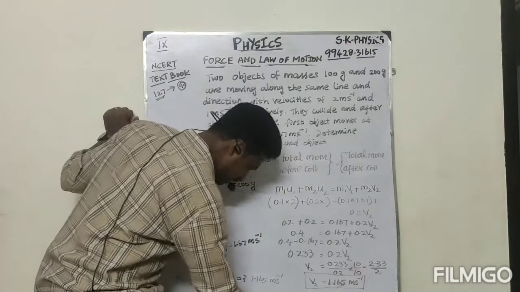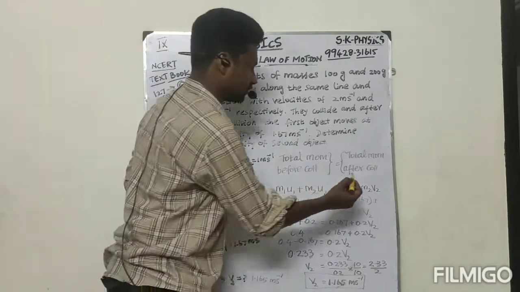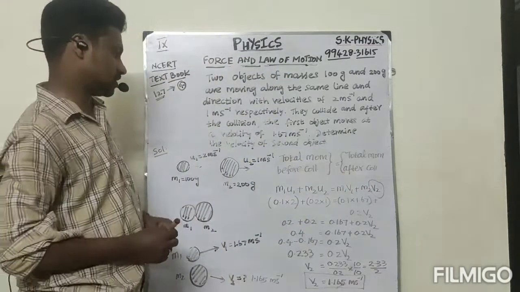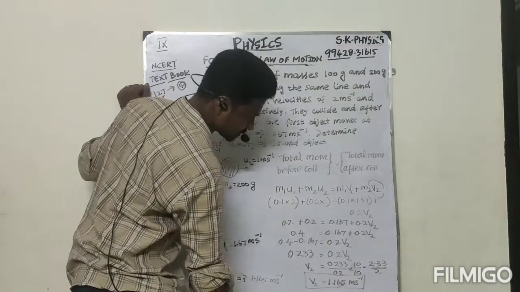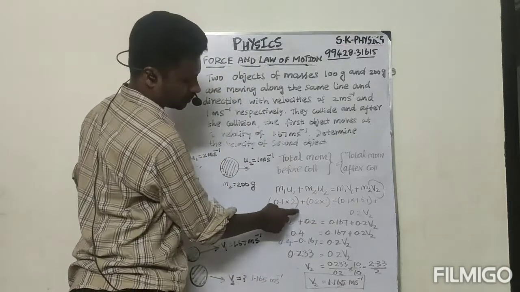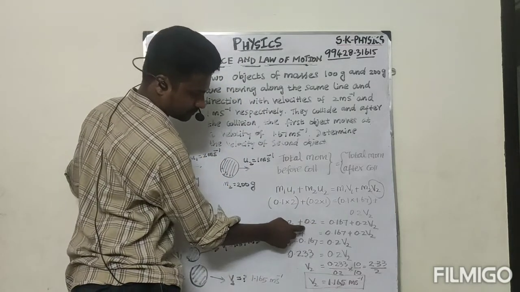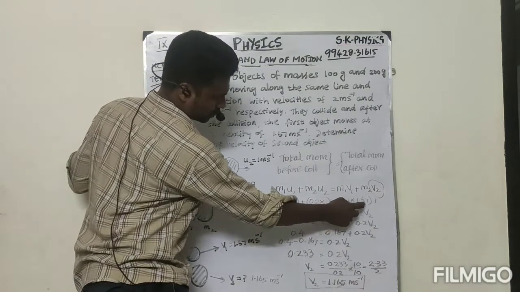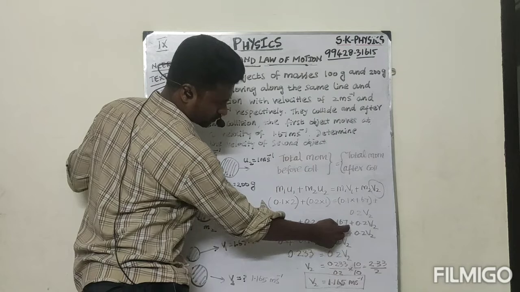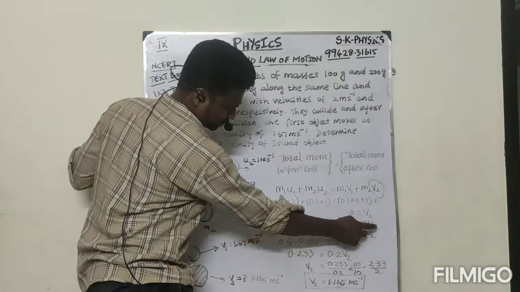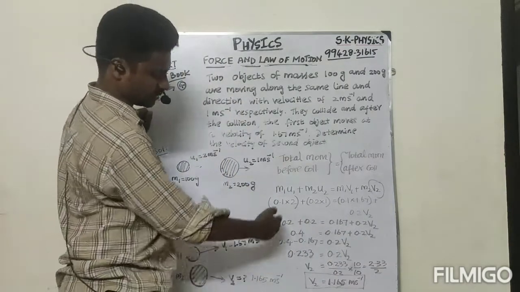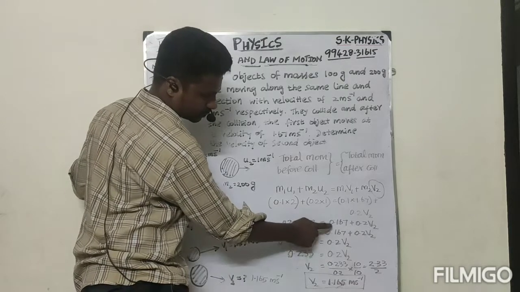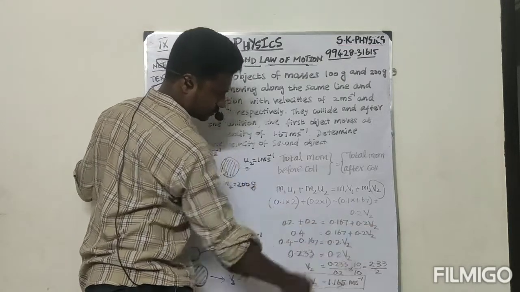So in this question we are going to calculate this v2, that is the velocity of the second object after the collision. Okay, so please listen. Now 0.1 into 2, that is 0.2, plus 0.2 into 1, that is also 0.2, equal to 0.1 into 1.67, that is 0.167, plus 0.2 into v2. See the left side, 0.2 plus 0.2, we can write 0.4 equal to 0.167 plus 0.2 v2.